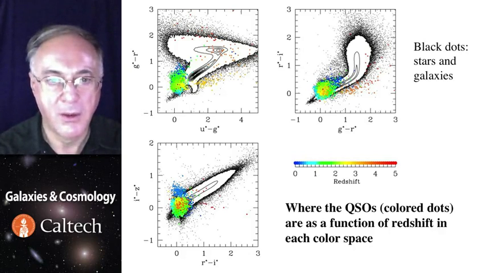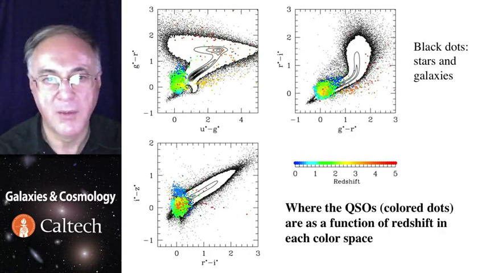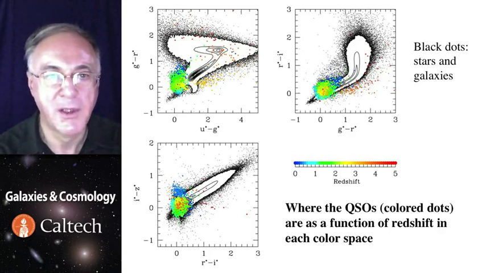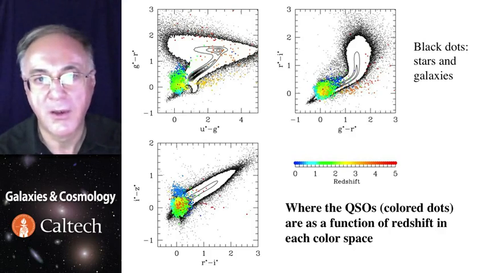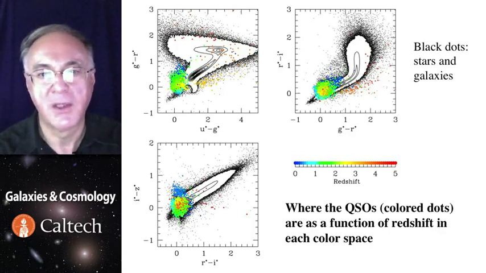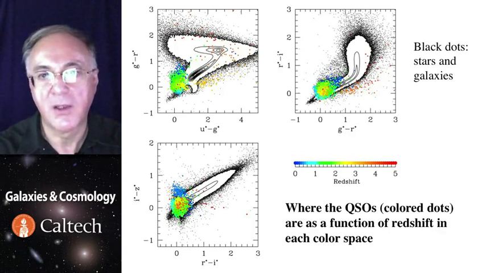Now, colors are always defined as blue minus red magnitude, and so the lower left corner corresponds to bluer colors, the upper right to the redder colors. And you can see that quasars tend to be bluer than most stars, but sometimes they overlap with some kinds of stars.